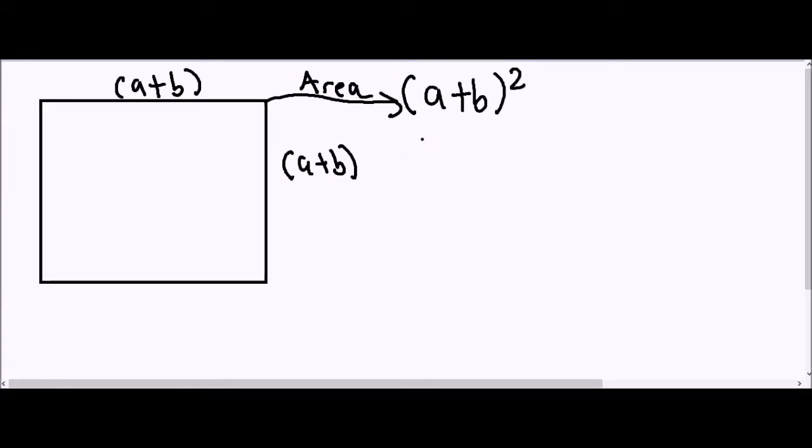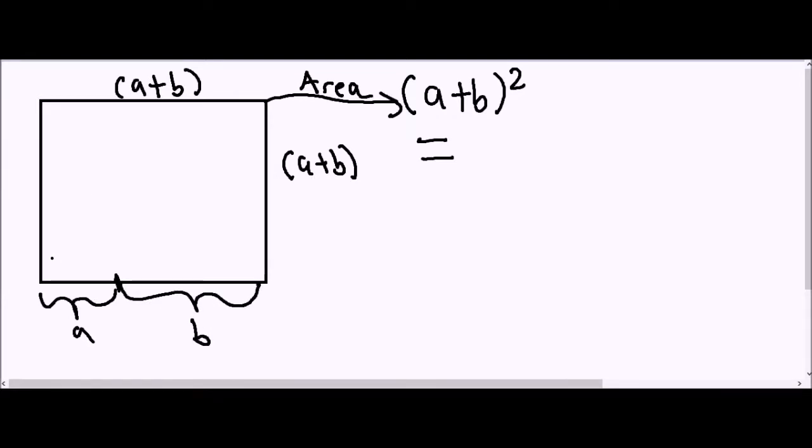Now I'm going to say that this value is equal to some stuff in here. So I'm going to draw some shapes in here, and hopefully we'll get some equation. Because this whole side length is a plus b, there's a portion that has a value of a, and another portion that has a value of b.